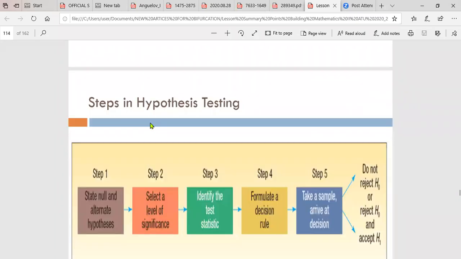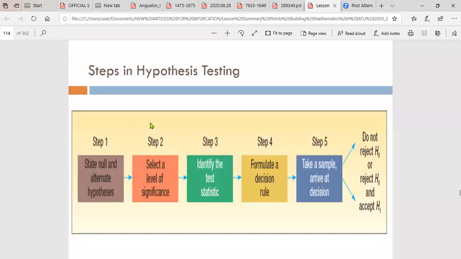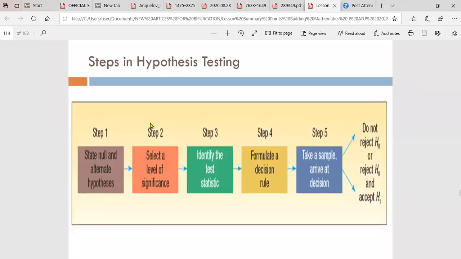Now, what are the steps in hypothesis testing? They are basically 5, okay? The first step is to make the claim. The claim can either be null or alternate, which is the opposite of the null, okay? Then we select a significance level, which will be used for testing. The next stage is to identify a test statistic suitable for such a test.